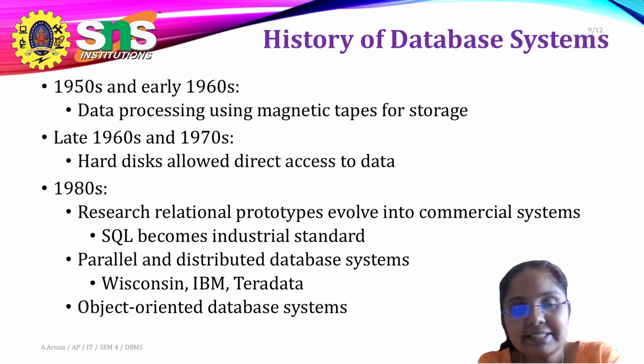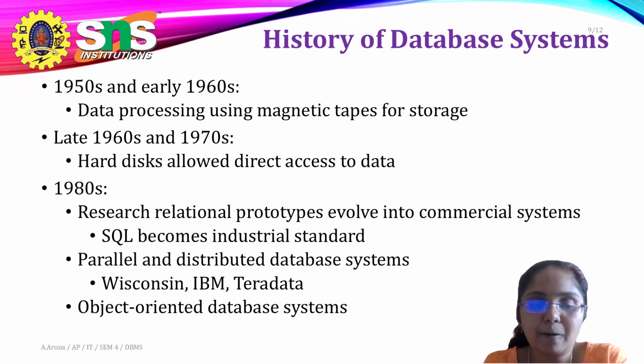In the late 1960s and 1970s, hard disks allowed direct access of the data. After the 1980s, research relational prototypes evolved into commercial systems, and SQL became the industrial standard. Parallel and distributed database systems, such as IBM and Teradata, were used.